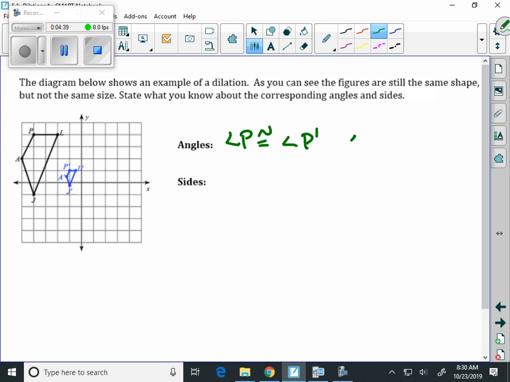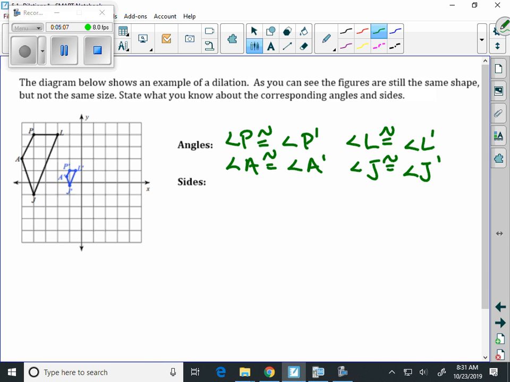We also know that angle L is congruent to angle L prime. Angle A is congruent to angle A prime. And angle J is congruent to angle J prime. Angles are still congruent with the dilation.